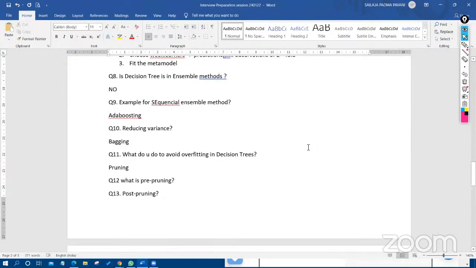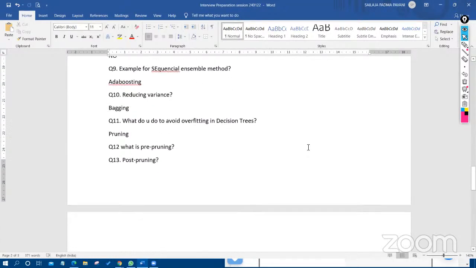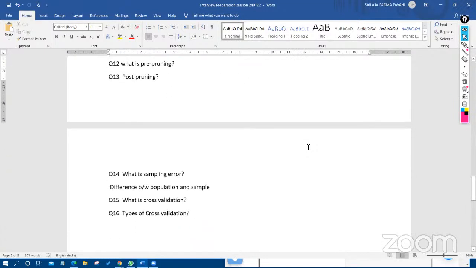Is it an ensemble method or not? What are the examples? What is reducing variance? And how can you avoid overfitting in case of decision trees? What is pre-pruning and post-pruning? And what is sampling error? And cross validations we have discussed. I think all of you got some information from this session.